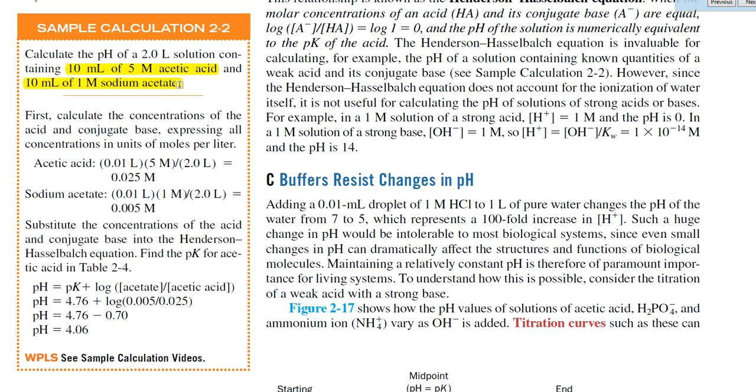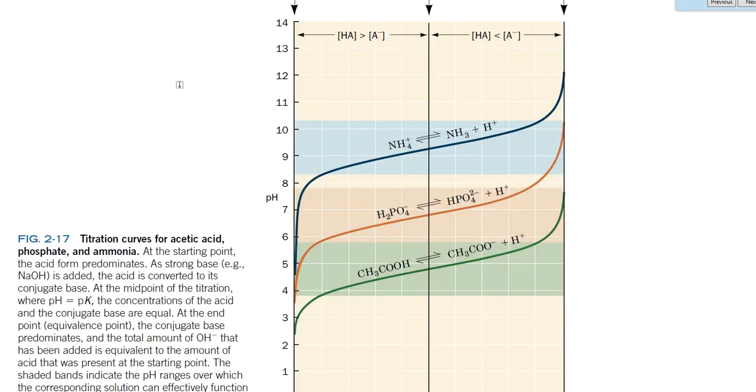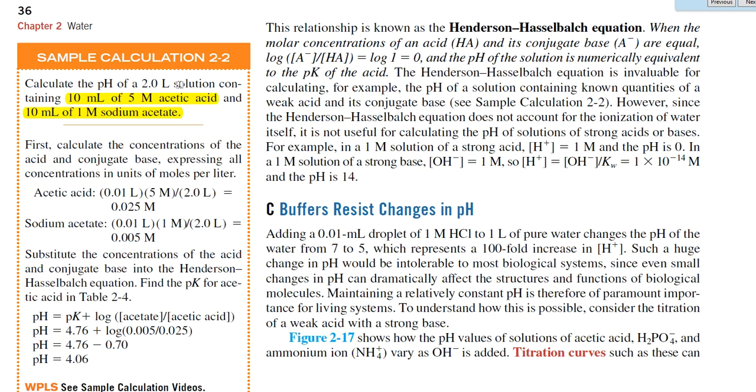So first of all, we will calculate the concentration of acid and conjugate base, expressing all the concentrations in units of moles per liter. Here it's given in ml and molar, and we have to find moles per liter. How will we do that? 0.01 liter into 5 molar divided by 2 liter.